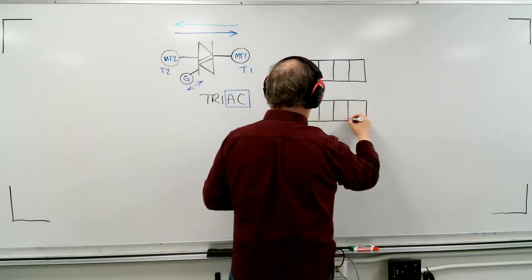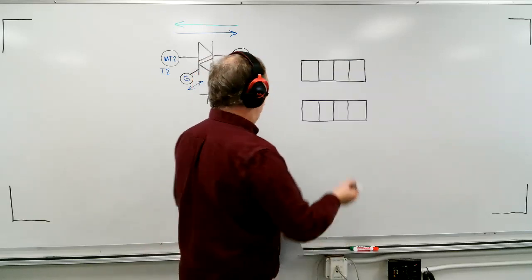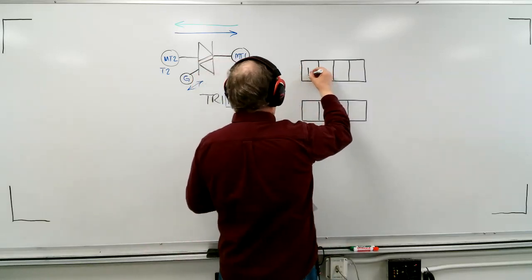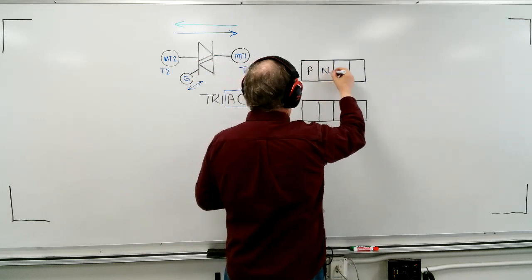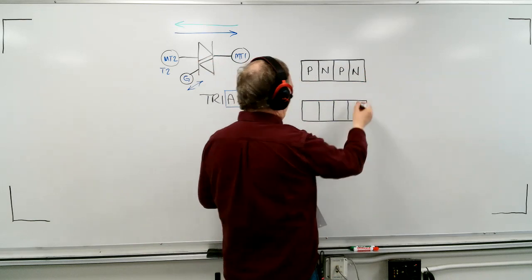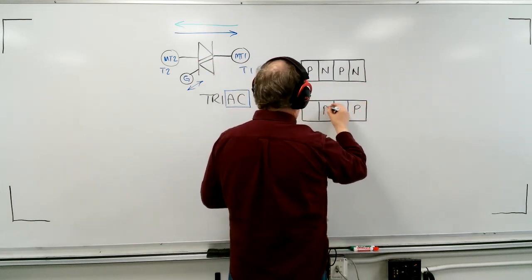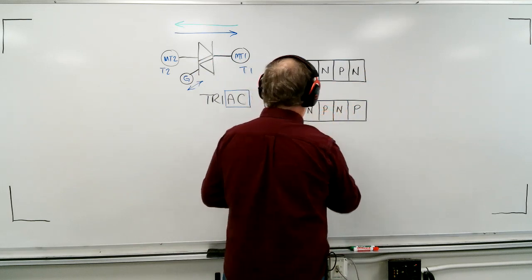And then I'm going to label the layers as to their semiconductor type. So I'm going to start over here with P, N, P, N. And then in this one, I'm going to start on this end with P. I'm going to put N, P, and N like that.